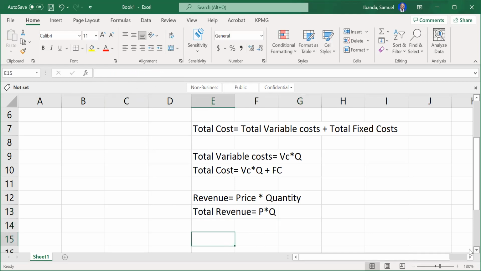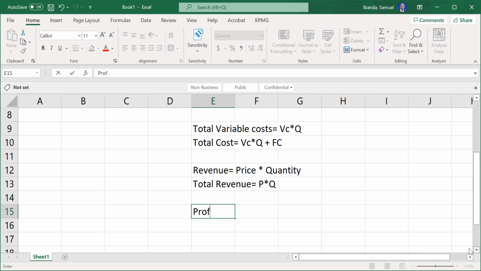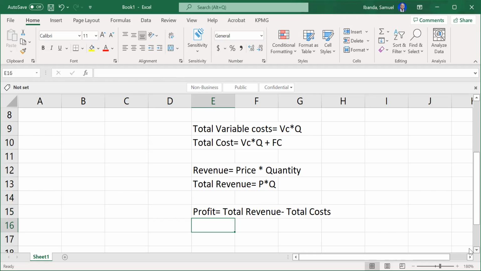So we have also said that profit is usually given by total revenue minus total costs.